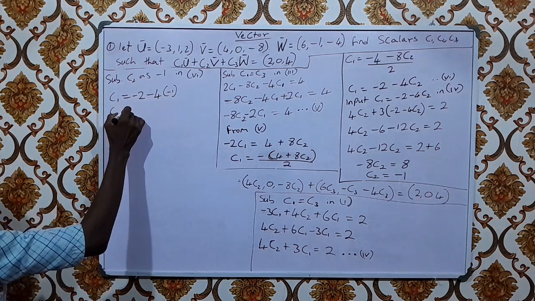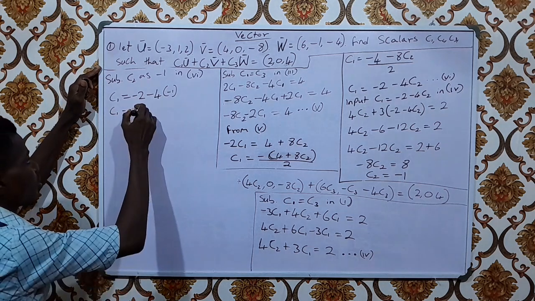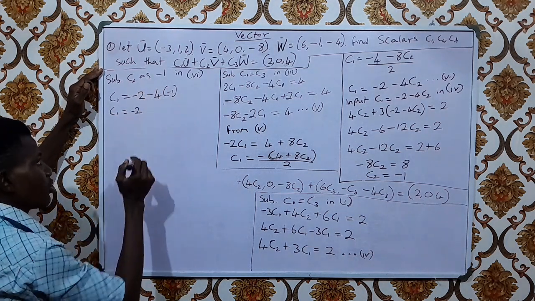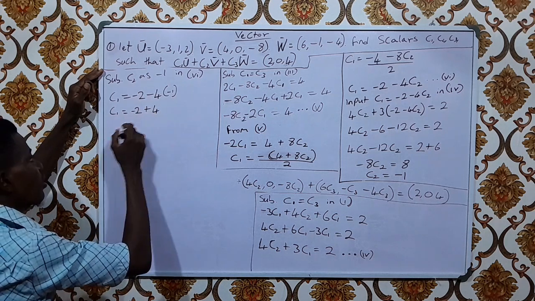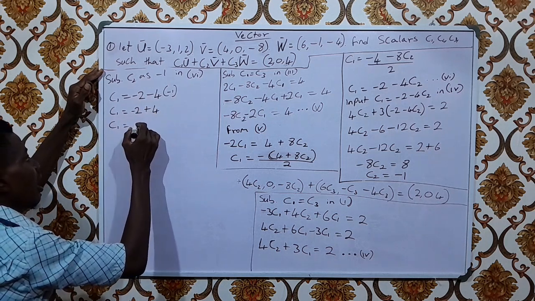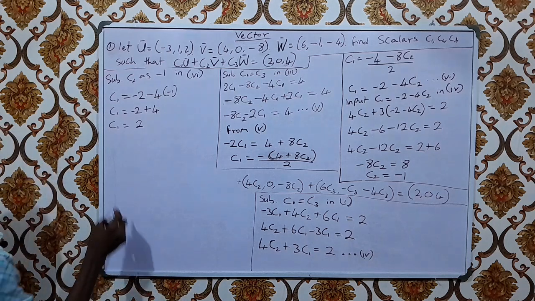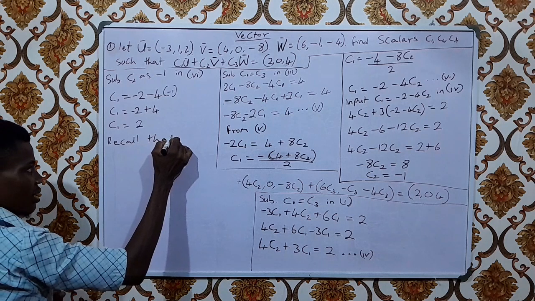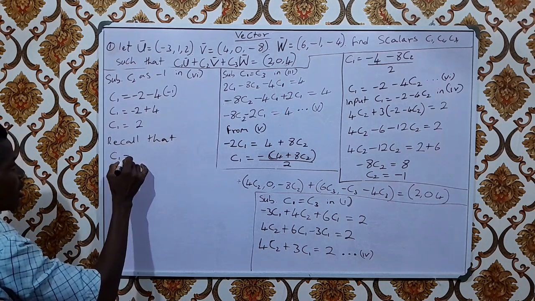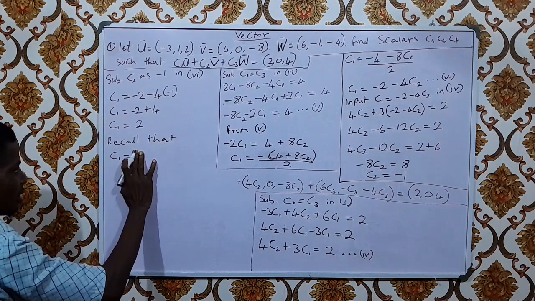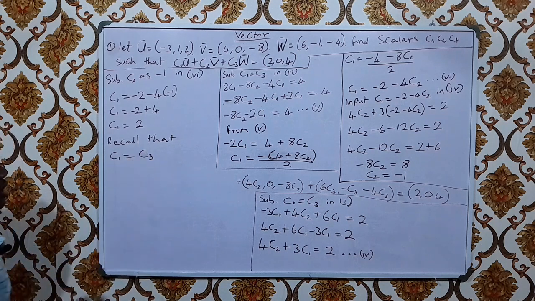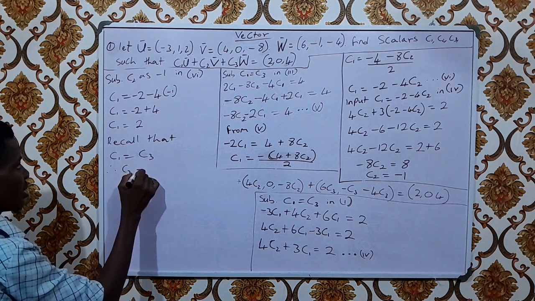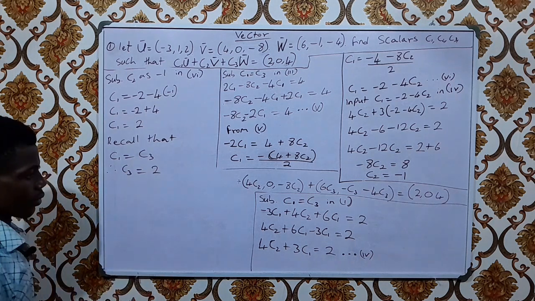So our C1 is equals to -2, and -4 times -1 will give us +4. So our C1 is now 2. Now recall that C1 is equals to C3. Therefore, C3 is equals to 2.